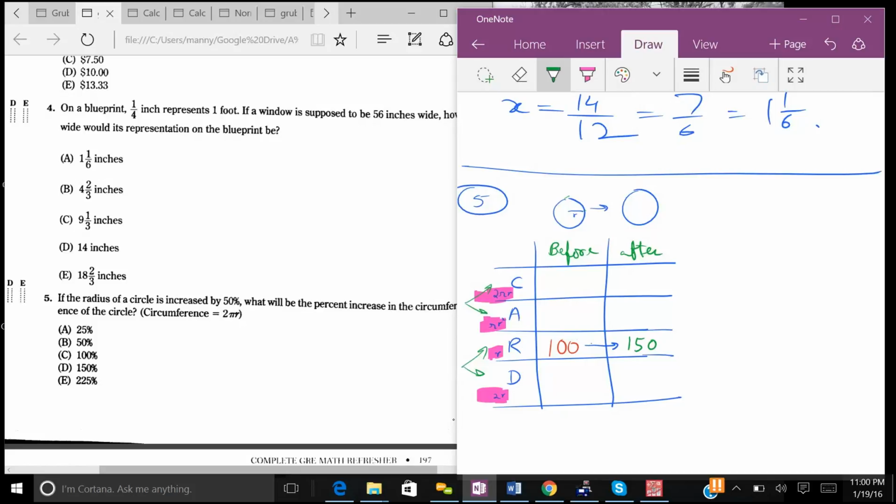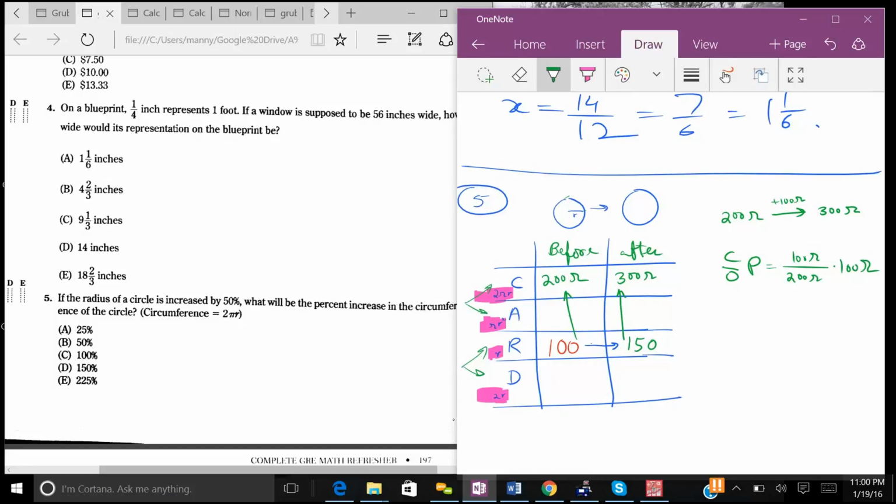What's the circumference from it? You multiply 2 pi, it's 200 pi. What's the circumference for the new one? You multiply that, that's 300 pi. So now you know that 200 pi changed to 300 pi. So how much did it change? Plus 100 pi. At this point we use the COP method: change over original times 100%. So 100 pi over 200 pi times 100%.